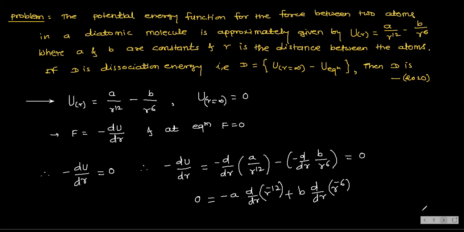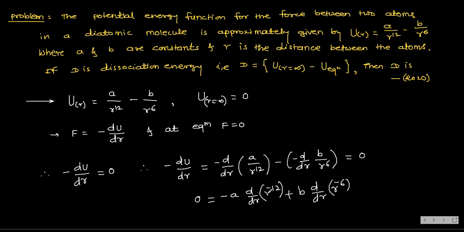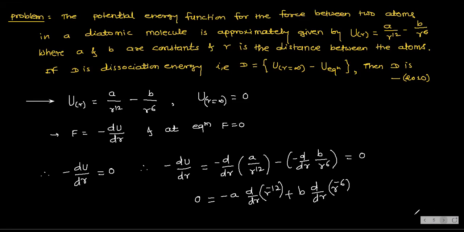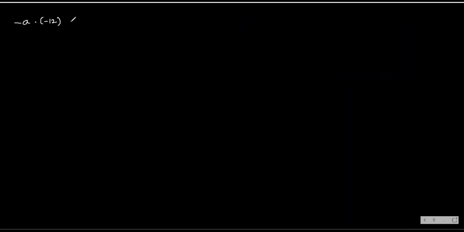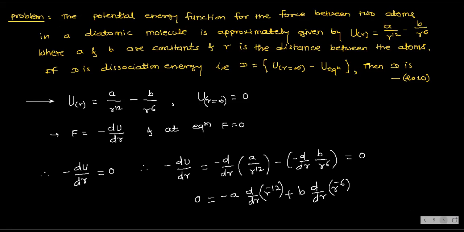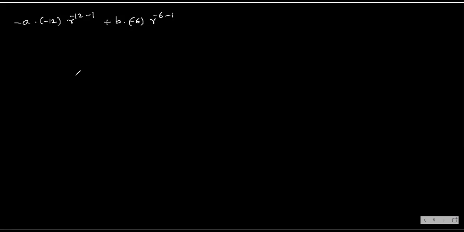Next, minus A into minus 12 R power minus 12 minus 1, plus B into minus 6 R power minus 6 minus 1.